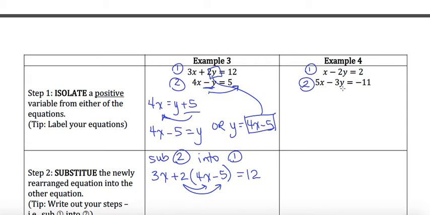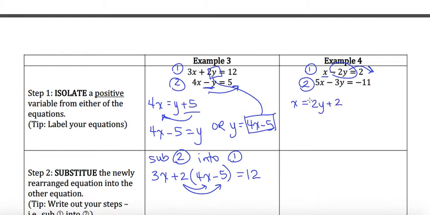So which one has a coefficient of 1? We have the x in equation 1. So we're going to isolate for x. So we're going to move everything that's not an x to the other side. So I have x equals, in this case, a positive 2y plus 2.